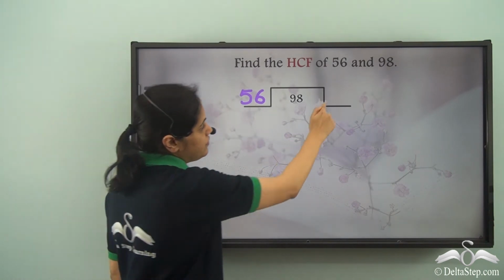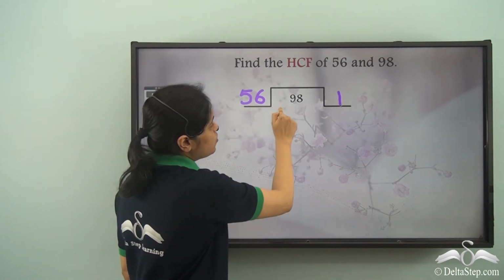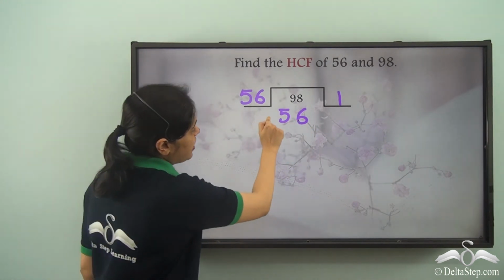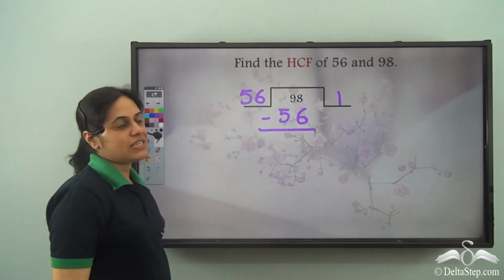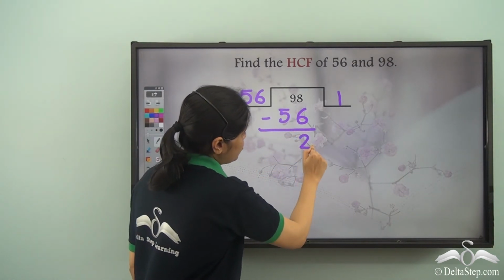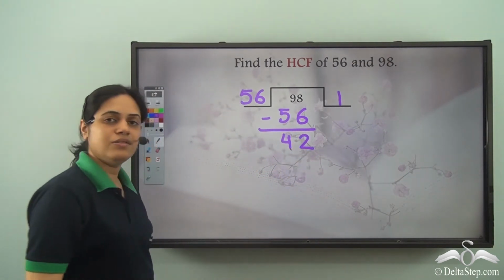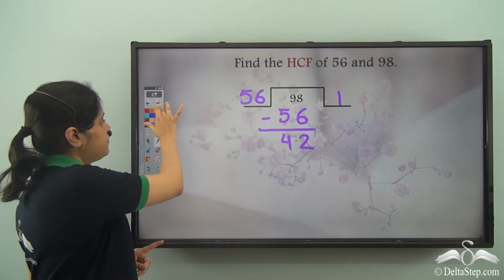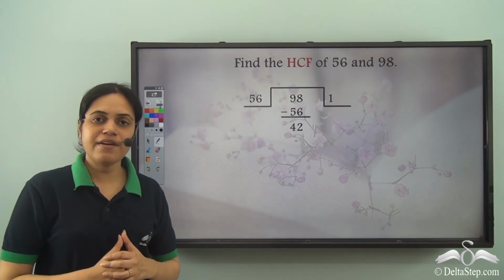One time. So 56 into 1 is 56 and I need to subtract it. When I subtract it, I get 2 here and 4 here. So the remainder is 42 and the quotient is 1, which is what I have.